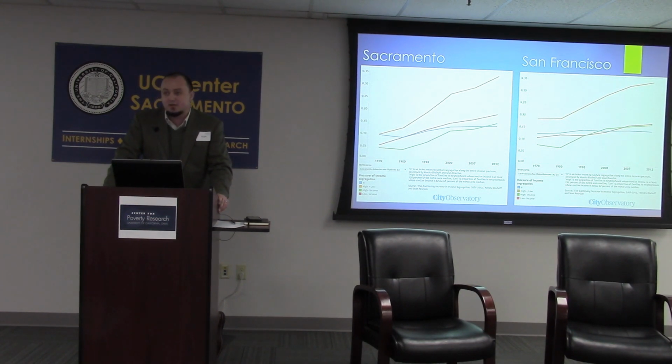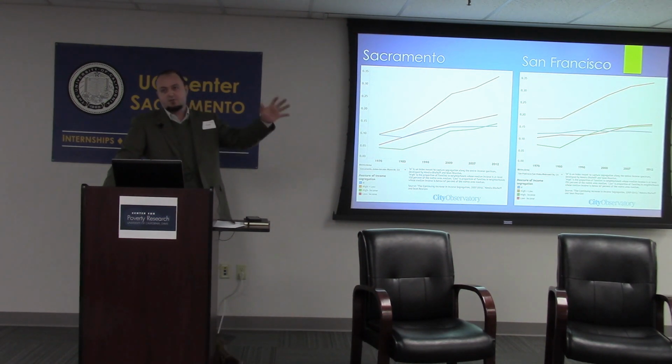The proportion of families living in segregated neighborhoods defined by segregated poverty is consistently higher than the proportion of families living in concentrated wealth. Whereas in San Francisco, the relative sizes of those two populations have been more comparable since at least the 1990s. Through the 90s and early 2000s, in fact, there was more concentration of wealth than concentration of poverty in San Francisco.